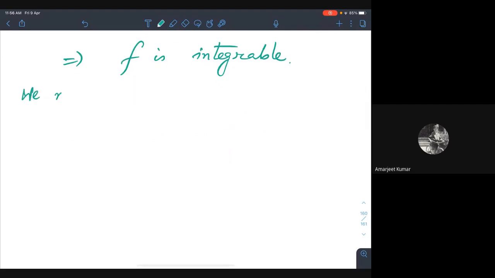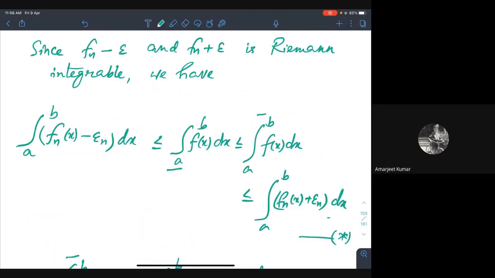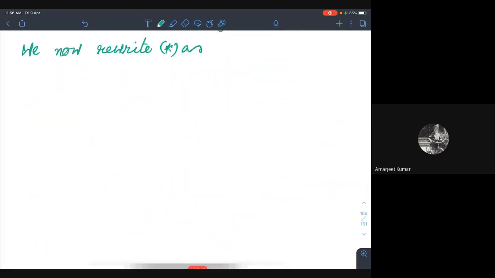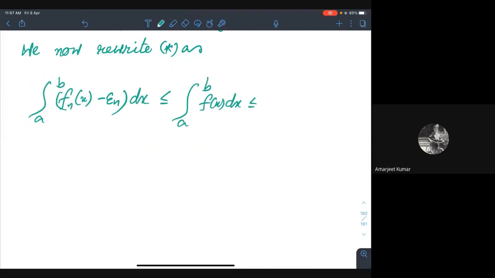We now rewrite star as follows. Since f is Riemann integrable, integration from a to b of fn(x) minus epsilon n dx is less than or equal to integration from a to b of f(x) dx, less than or equal to integration from a to b of fn(x) plus epsilon n dx.